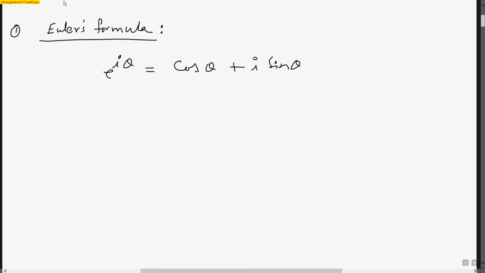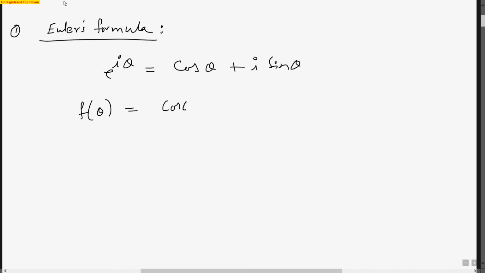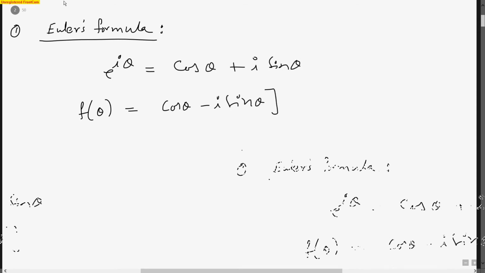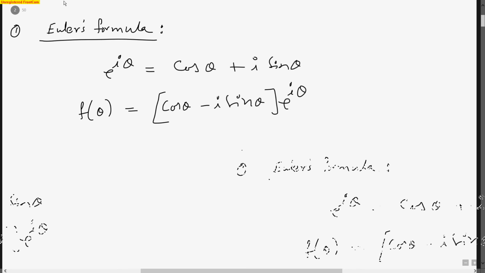Okay, let us take f of theta is equal to cos theta minus i sin theta times e power i theta. This is the one function.